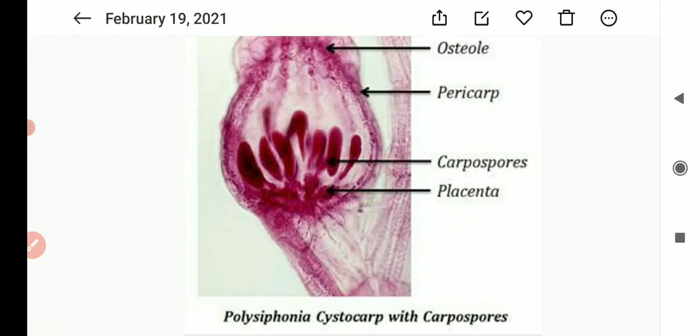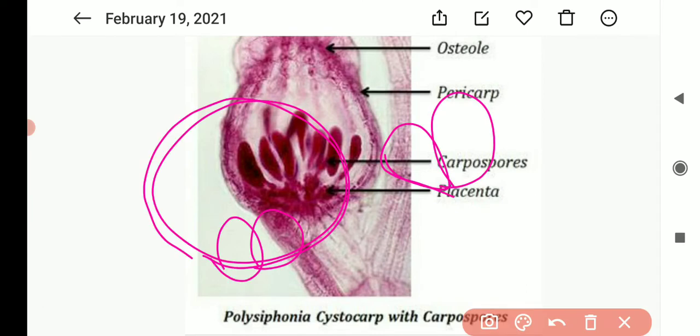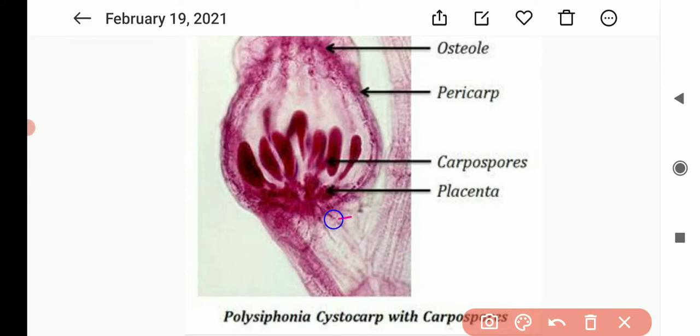So if you see in the reproduction part, suppose you do your practical, if you see in the microscope something that is round like a teacup, like a cup, it has to be the cystocarp. This is the cystocarp, that cup-like structure which contains spores, known as carpospores.